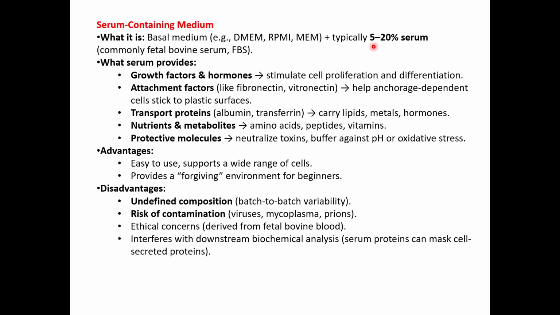If your cells need more serum, you can go up to 20%, or if you want to do certain studies where you do not want the interference of serum, you can decrease the concentration to 5%.